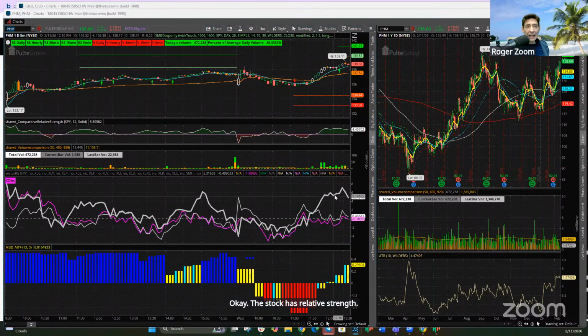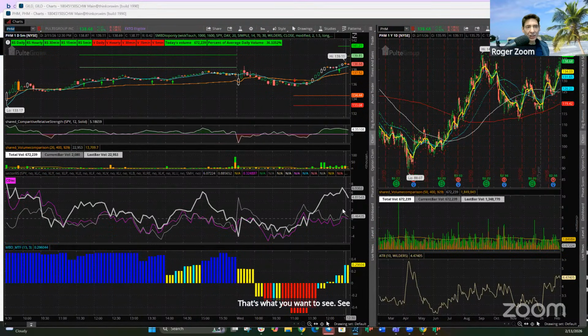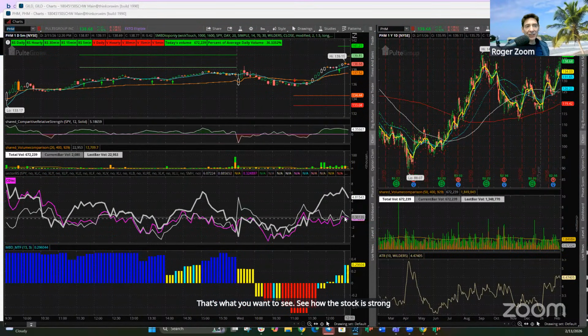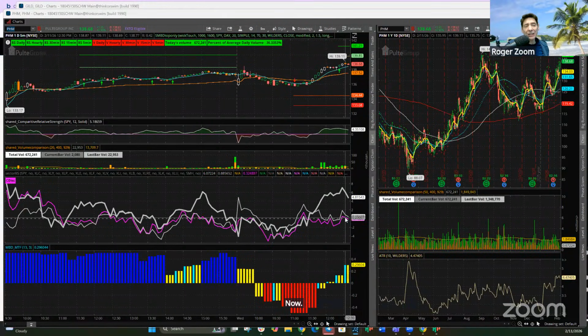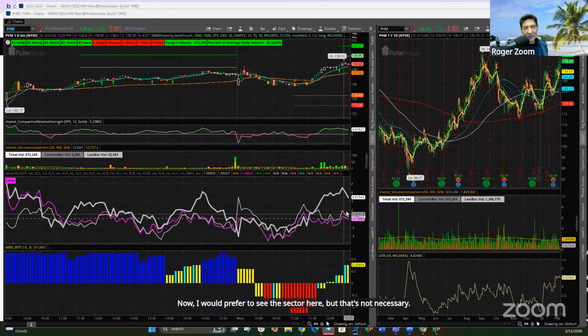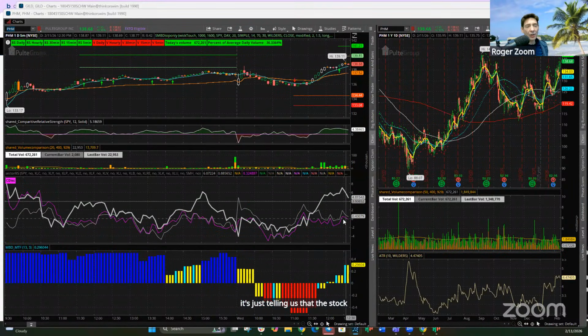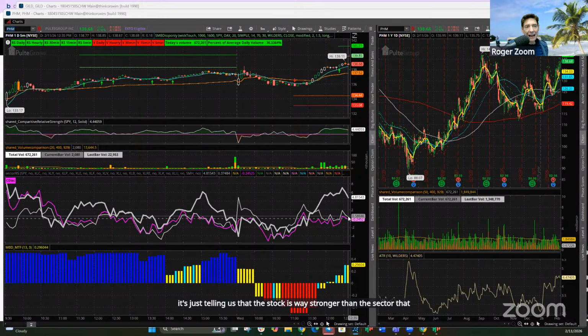When we're looking here, look at where the stock is compared to the market and the sector that it's in. That's what you want to see. See how the stock is leaving the sector that it's in and the market in the dust? I would prefer to see the sector here, but that's not necessary. It's just telling us that the stock is way stronger than the sector that it's in and the market.